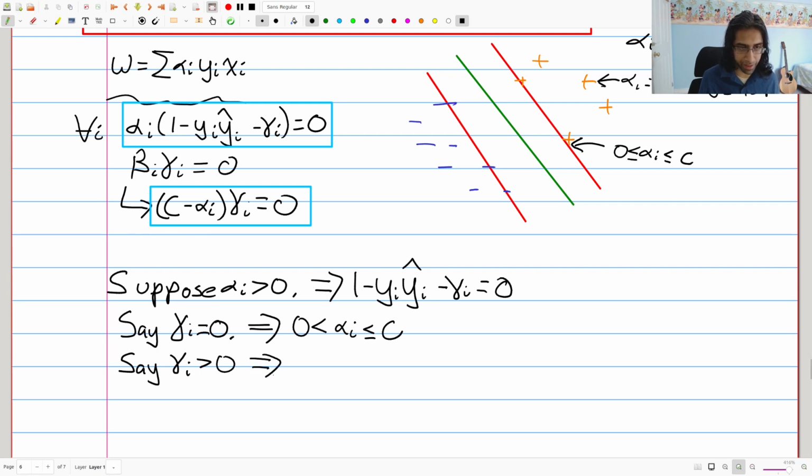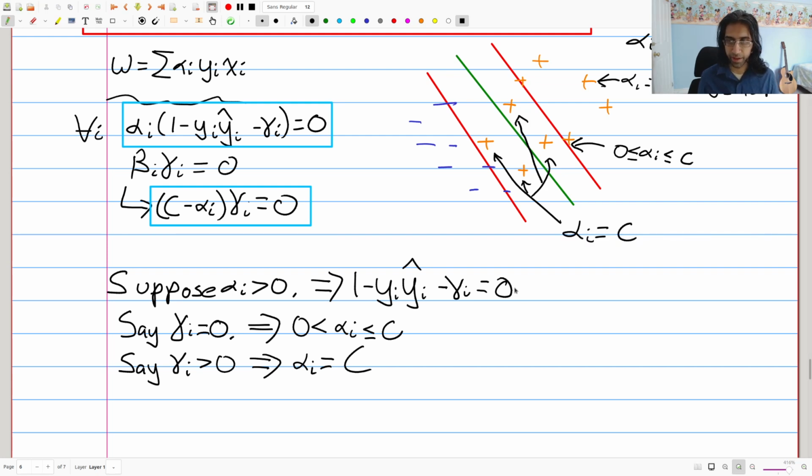And this therefore implies that alpha i is equal to C. So that means for any point which lies within the margin or on the other side of it, let me draw points here, here, here, here, for any of these points which are on the other side, alpha i is exactly C. There's no other choice, because otherwise these conditions won't be solved.